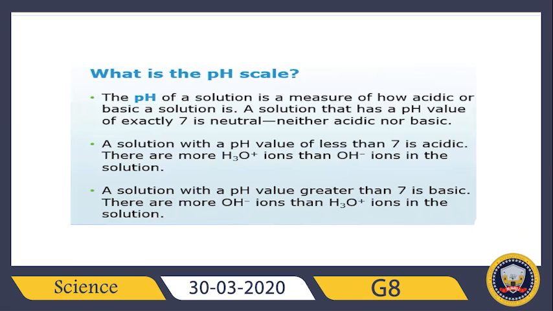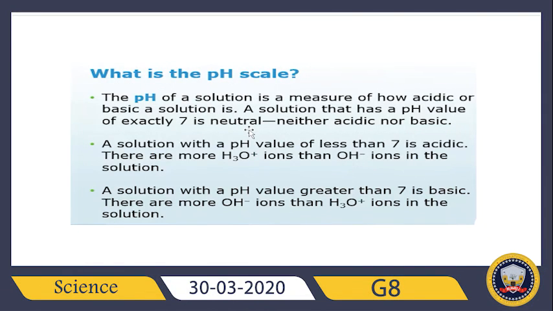You may remember that last time we discussed the difference between acidic and basic solutions, and we say that an acidic solution will increase the concentration of what? Of hydronium ions, while the basic solution will increase the concentration of what? Of hydroxide ions. And we usually classify acids and bases into strong acid and strong base, and weak acid and weak base.